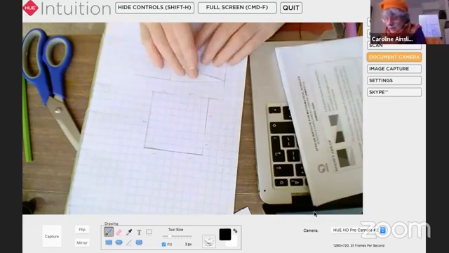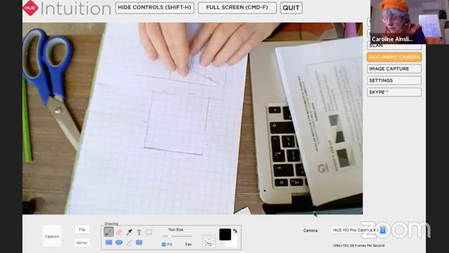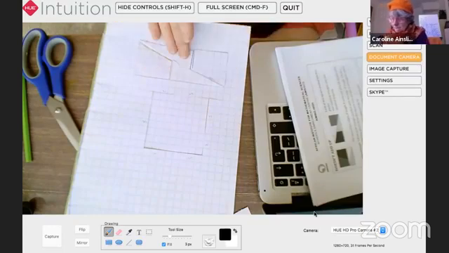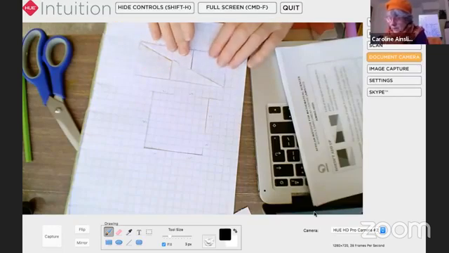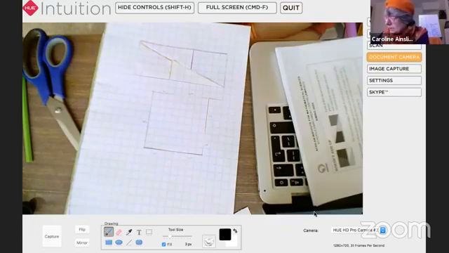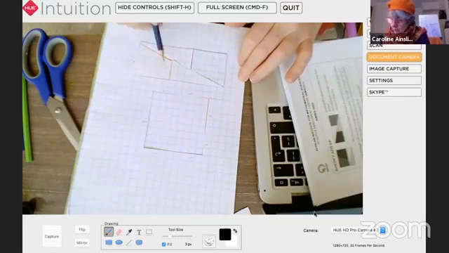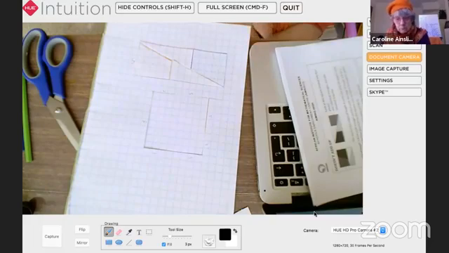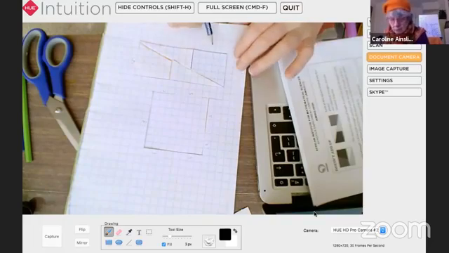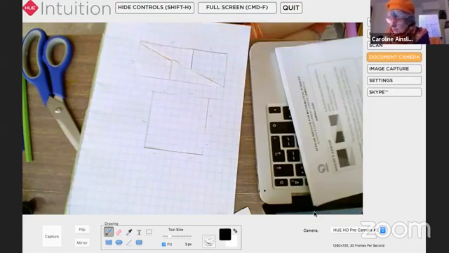Okay, so we've made a rectangle, and the rectangle is 5 by 5 that way, and then we've got 5 here and 8 here, which makes a total of 13.